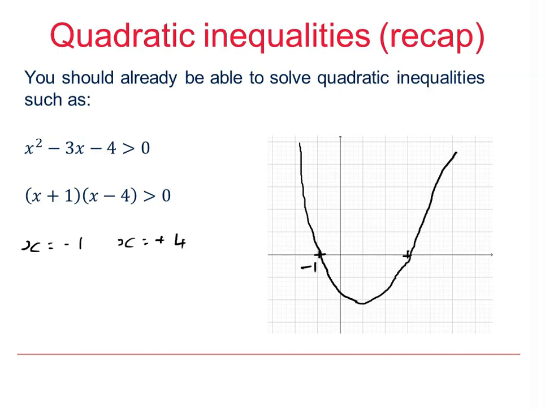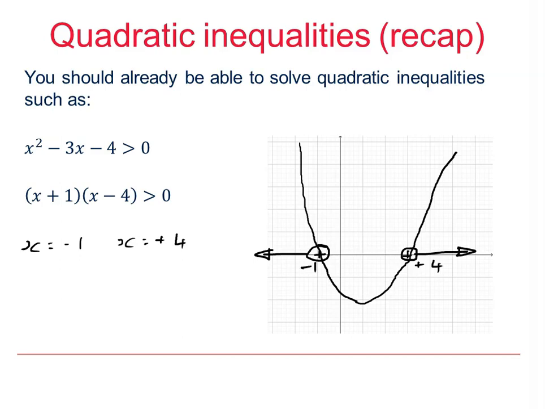So just marking those critical values on my graph. And from that then we can see that the region for which the graph is above the x-axis, so where f of x is greater than 0, will be those values which are below -1 and those values which are greater than +4.